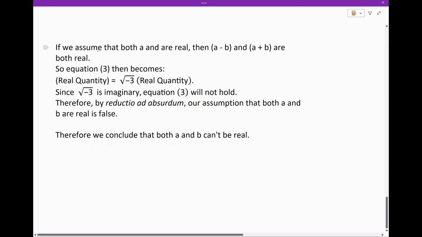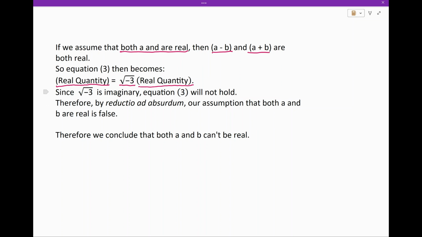If we assume that both a and b are real, then a minus b is a real quantity and a plus b also is a real quantity. So equation 3 then becomes a real quantity, that is a minus b, is equal to an imaginary quantity, that is square root of minus 3, multiplied by a real quantity.